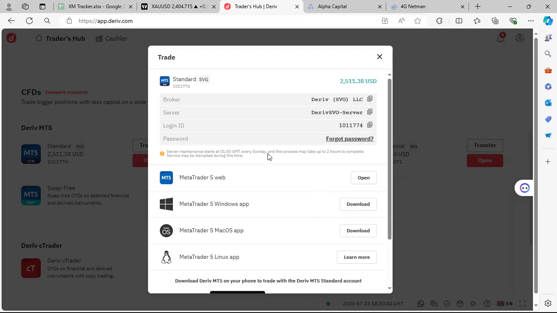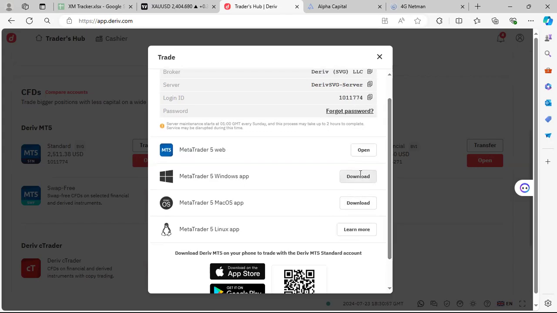If you don't have a Deriv MT5, or with MT5, it doesn't really matter, but you can simply download it down there. I already have an MT5, so what I'll do is download an extra one for the sake of demonstration.